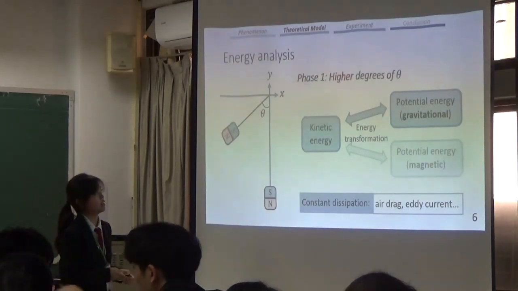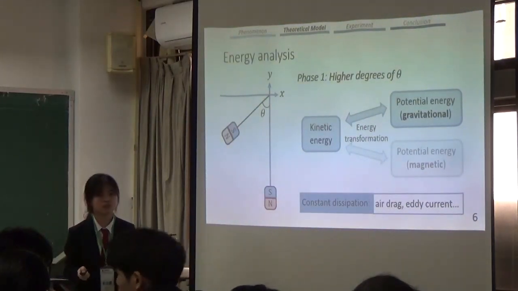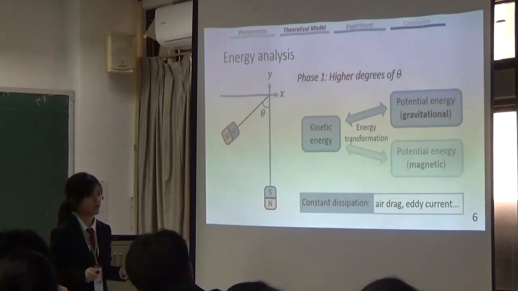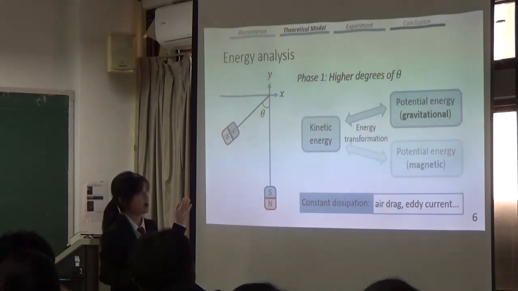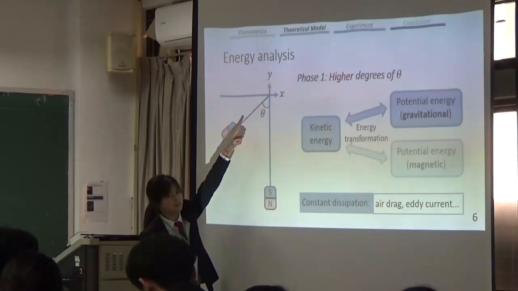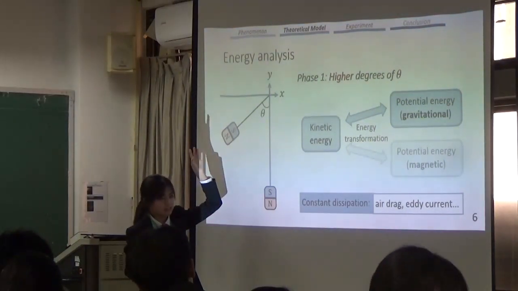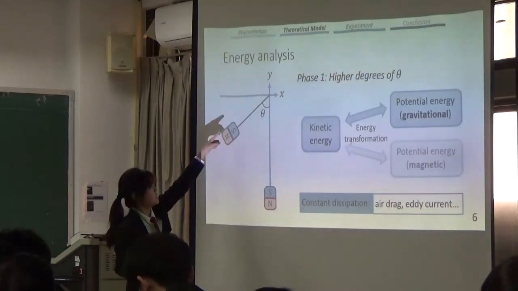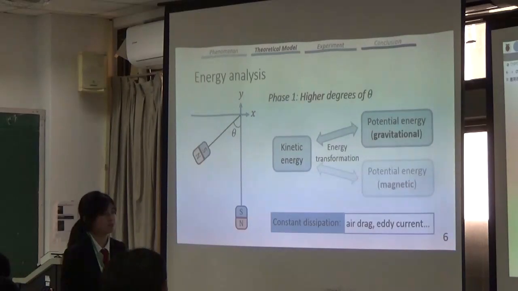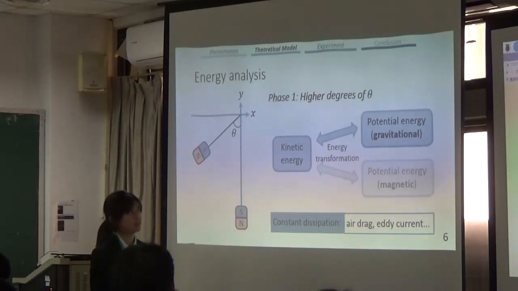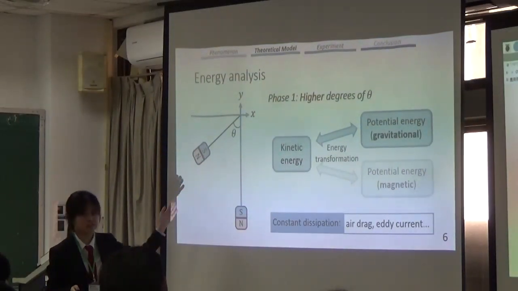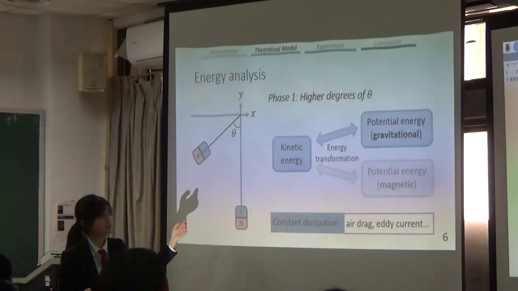Here's the energy analysis. We separate this phenomenon into two conditions. When the pendulum has a higher theta, which means the angle between the string and the vertical line, the kinetic energy will mainly transform with the potential energy provided by the gravitational force, mg.